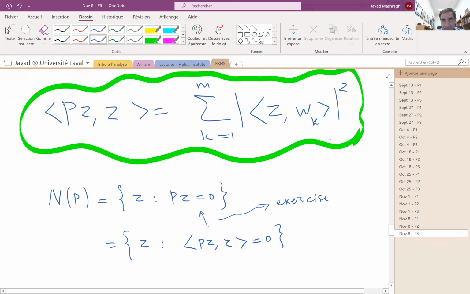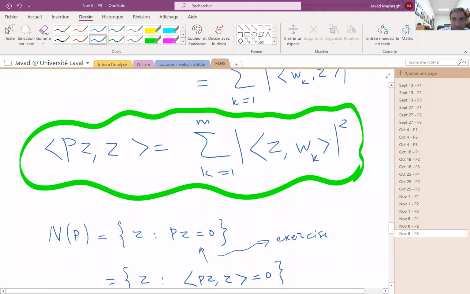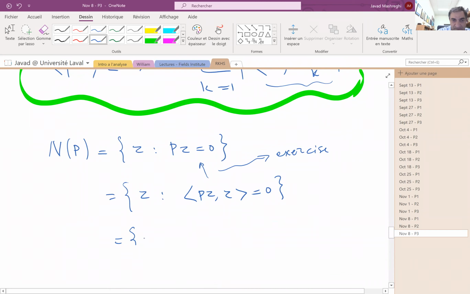And therefore, now the green box formula helps us to see what is the null space of P. Pz scalar z is 0 if and only if every one of these is equal to 0. So it's the same as all z such that z scalar w1, z scalar w2, up to z scalar wn equal to 0.